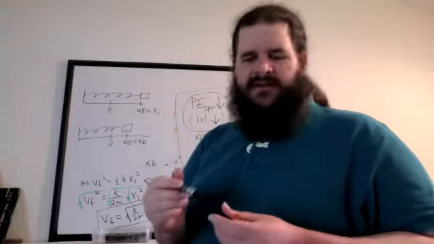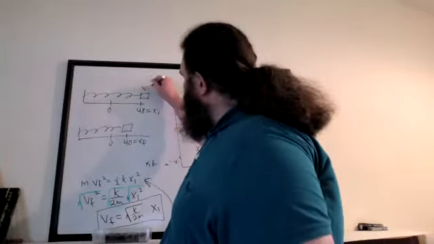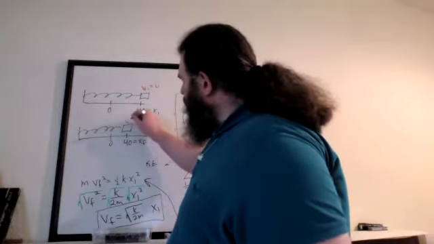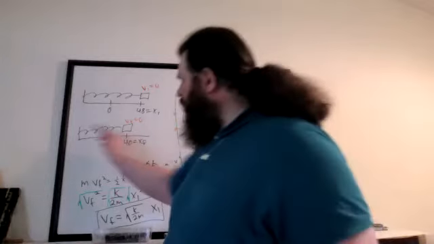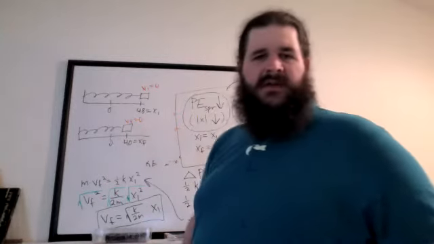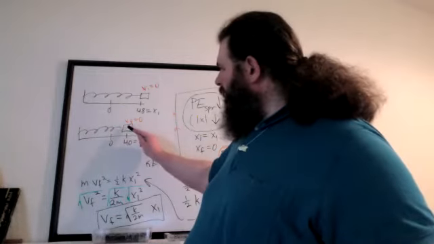Also, we're assuming that it starts off at rest because it was just released. And it ends up at rest because we're assuming that after one oscillation, 40 centimeters is the furthest it gets. It gets to 40, comes to a stop and bounces back.